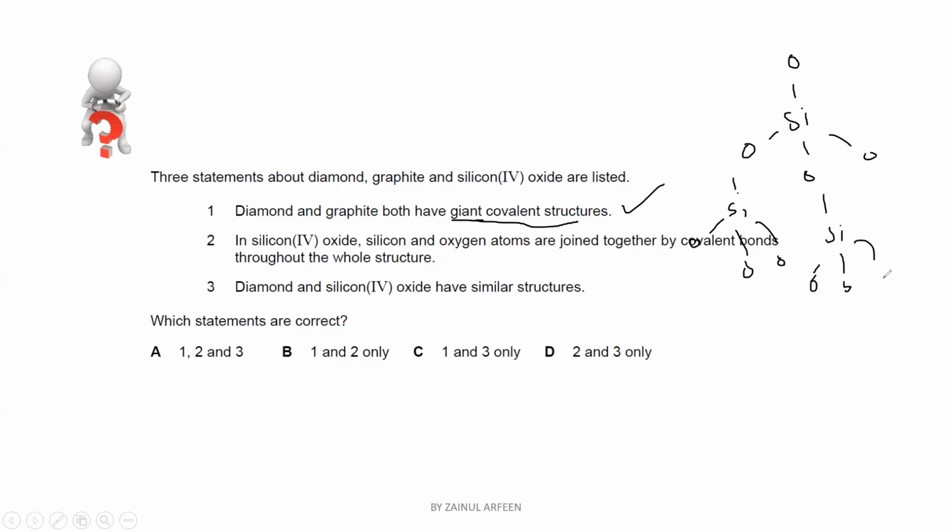So throughout the structure, silicon and oxygen share electrons with each other, resulting in a macromolecule. So statement 2 is also correct. And diamond and silicon dioxide have a similar structure. That's also true. That's why 1, 2, and 3, all three statements are correct. So A is the right answer. Is it clear?